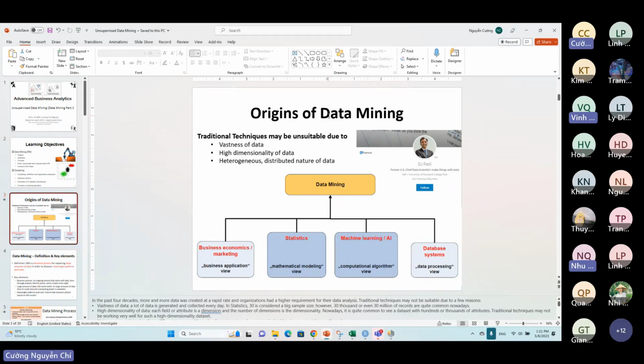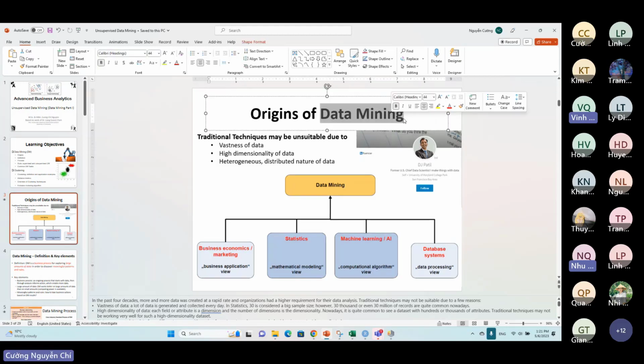Finally, you go into the last phase of data analytics, which is mining.